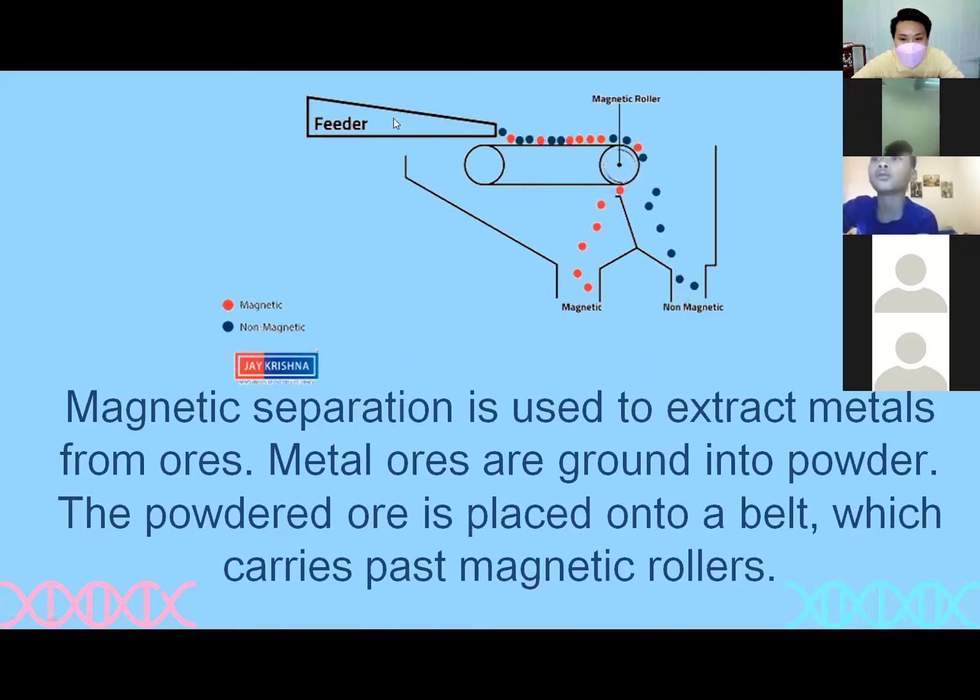The ores are going to the magnetic rollers, which separate the magnetic and the non-magnetic materials. So the stone will go here, and then the metal will go here. Understand?